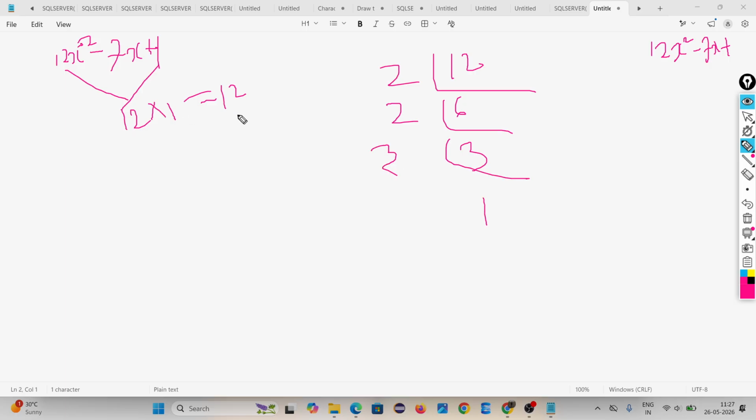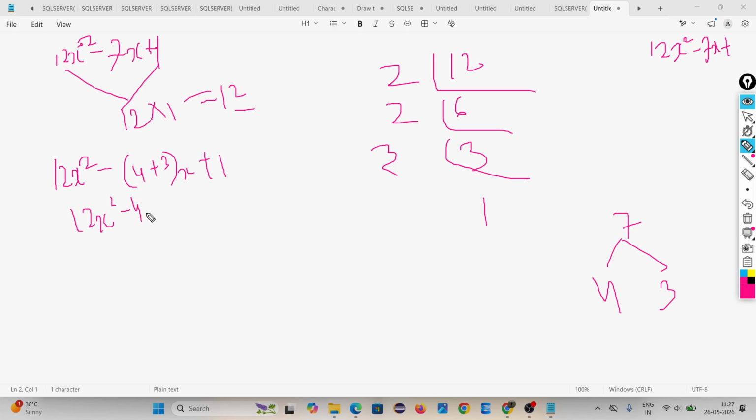Or directly, we get when you multiply 12 to 7, add and subtract 4 plus 3. 12x square minus 4x plus 3x plus 1.